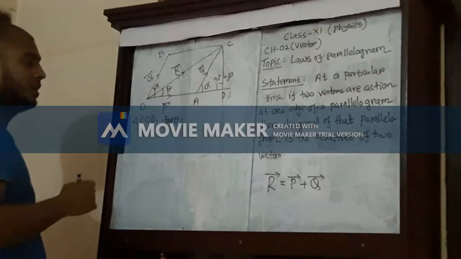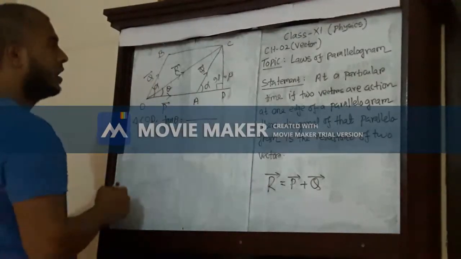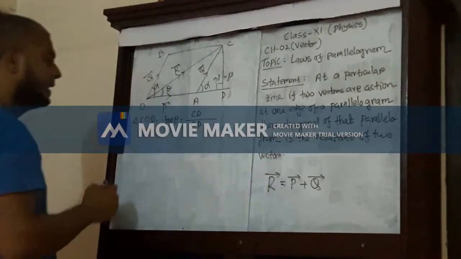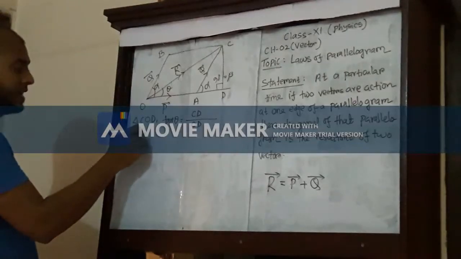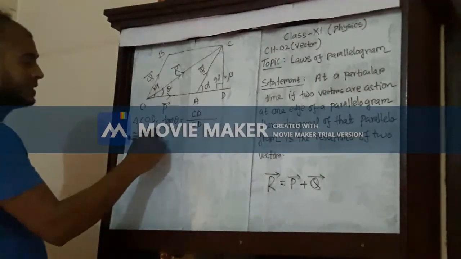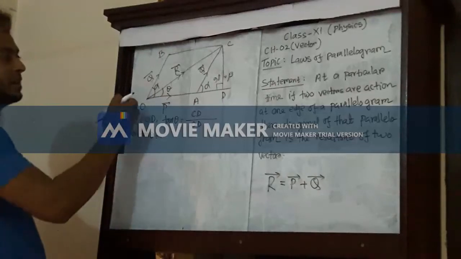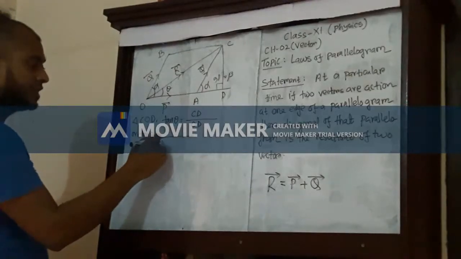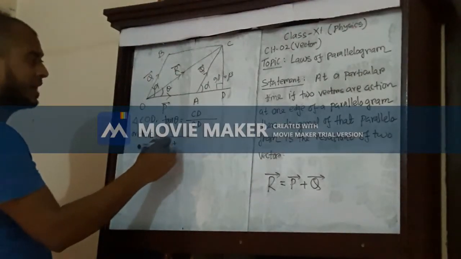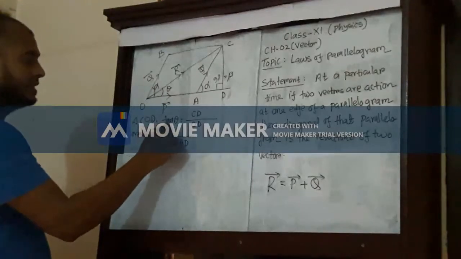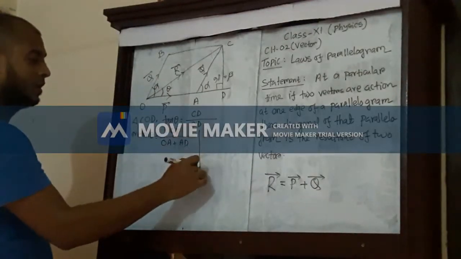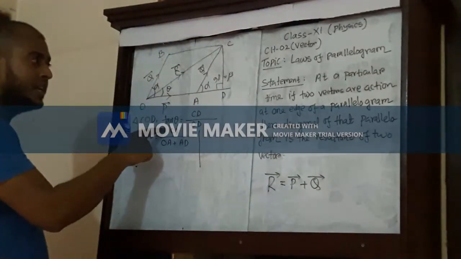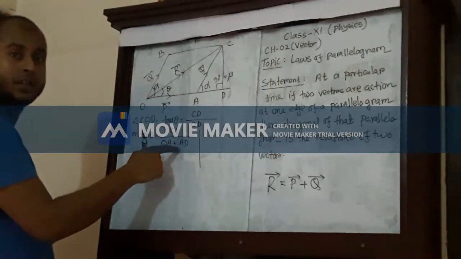Tan theta is perpendicular by base, that is CD divided by OD. OD can be converted into OA plus AD, and CD is CD. Now, boys and girls, OA is a known value, that is P. CD is an unknown value, and AD is also unknown.